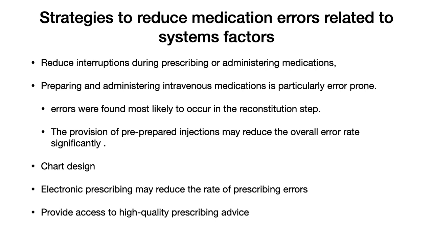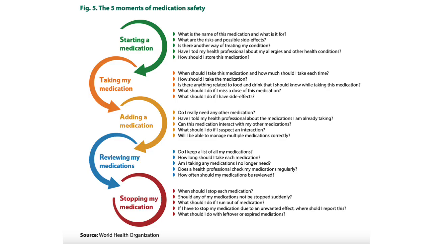Chart design should be looked at. Electronic prescribing can help, and we should also have access to high quality information. The patient should be educated, should be a partner, and should be taught about the 5 moments of medication safety: whenever he starts a new medication, takes any medication, adds a new medication, reviews his medication, or stops any medication.